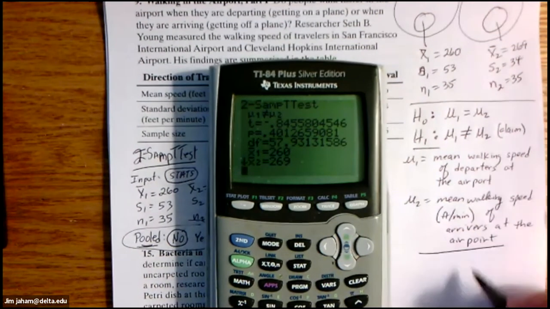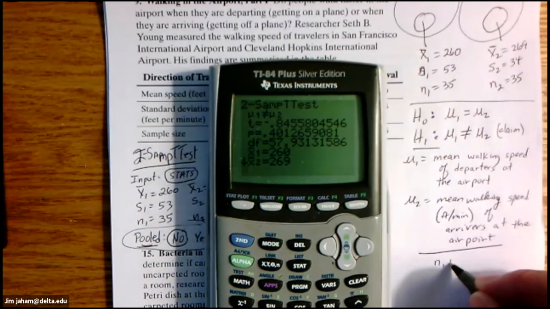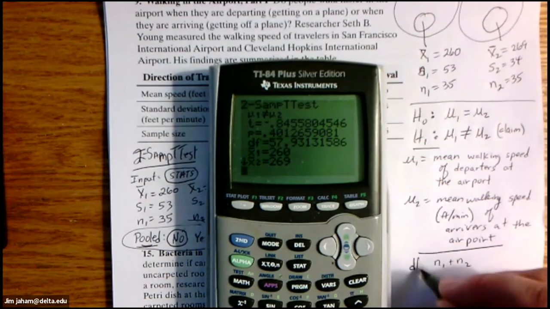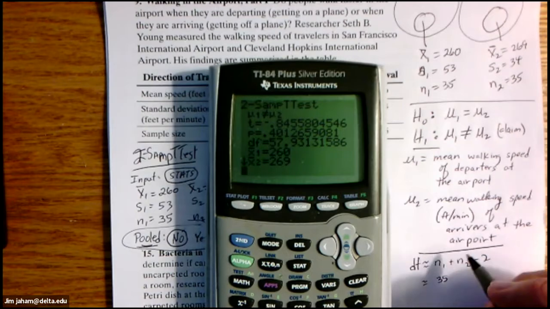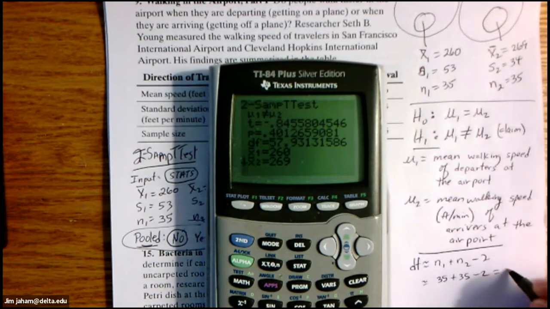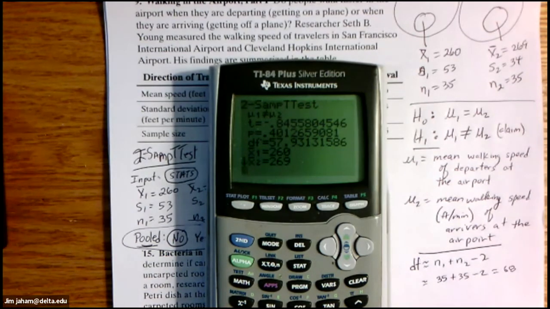But if you take n1 plus n2 and subtract 2, what do you get? Well, you get 35 plus 35 minus 2, and 70 minus 2, 68. Now you can see it's not quite right.